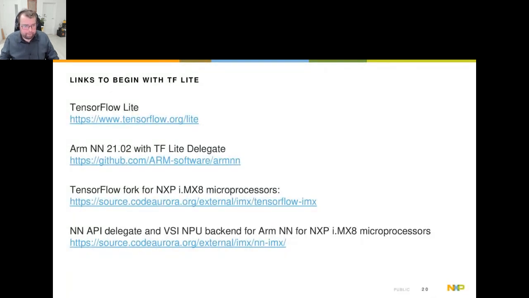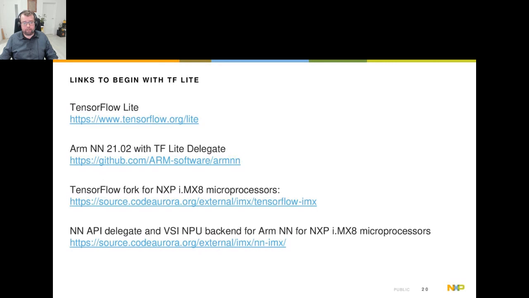Okay, so that will be it, and here are some links for those of you who are interested to follow up. There is, of course, TensorFlow. There is the Arm NN 21.02 with the TensorFlow Lite delegate. For that one, the best source of information is Arm NN's GitHub.